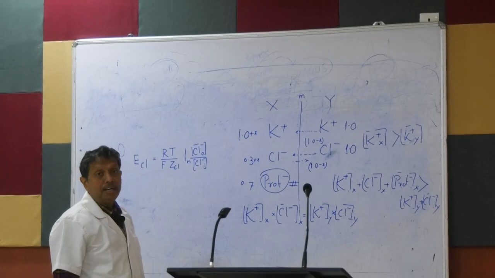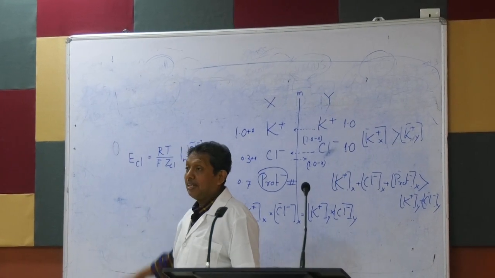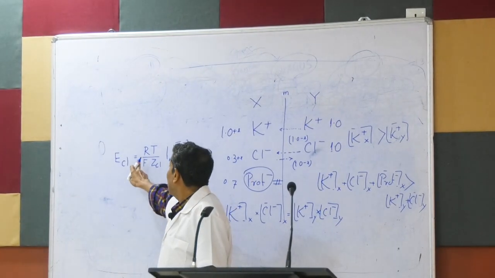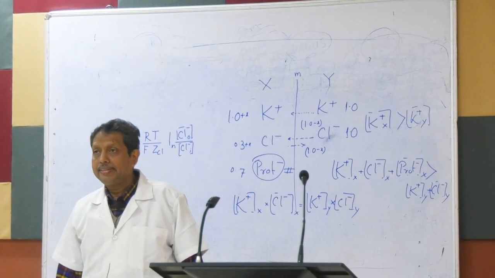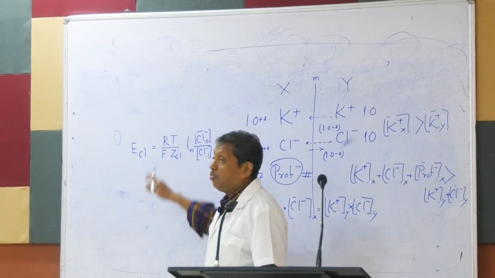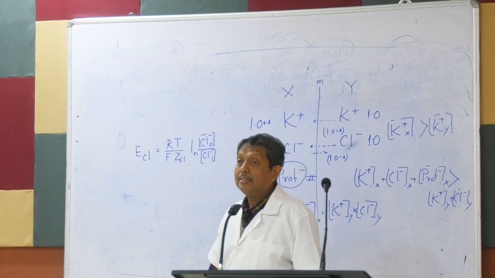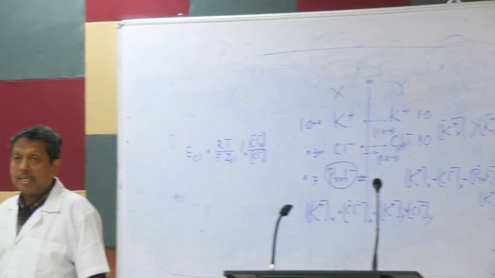Equilibrium potential is equal to RT over zF, where R is the universal gas constant, capital T is the absolute temperature, and F is the Faraday, coulombs per mole of the charge.